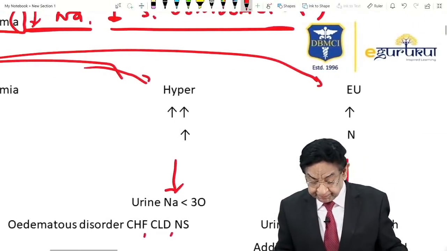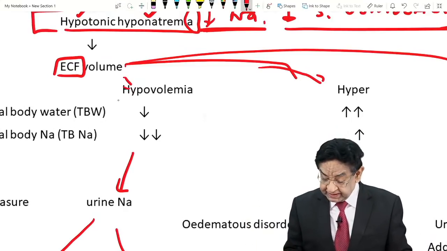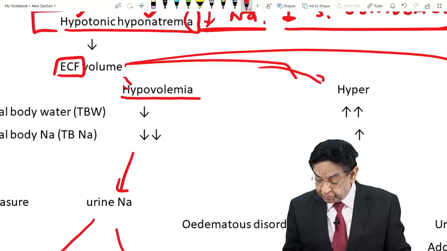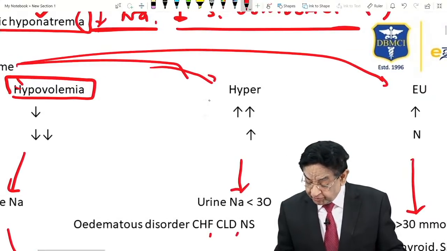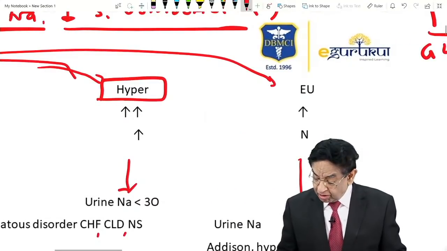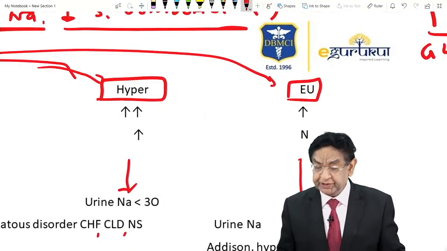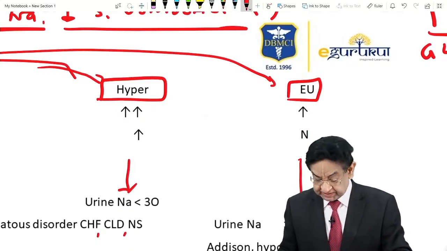We come back. So friends, extracellular volume may be reduced, we call it hypovolemia. It may be hypervolemia when it is more than normal, and when it is normal, we call it euvolemia. EU stands for euvolemia. This point I mentioned in the previous slide.